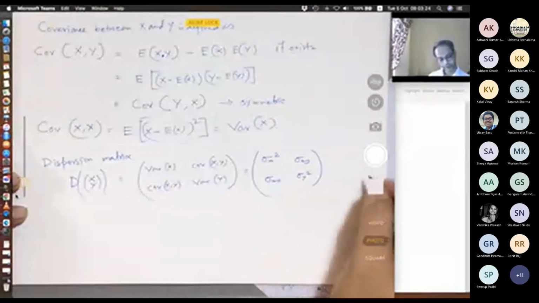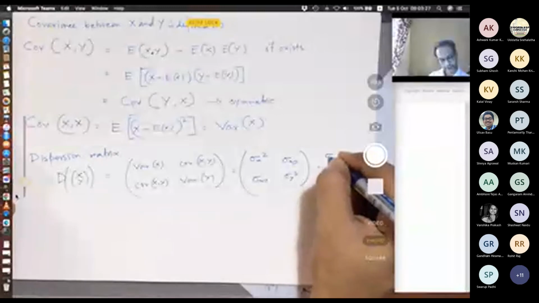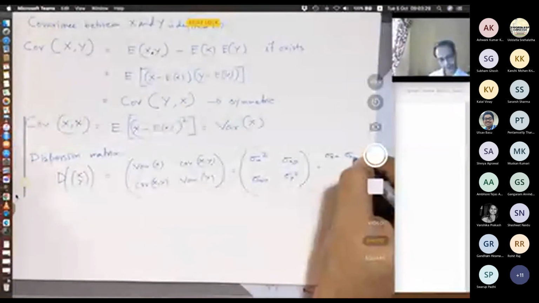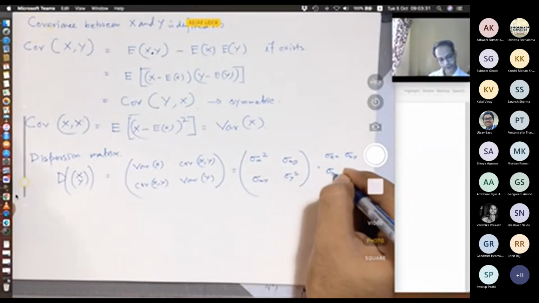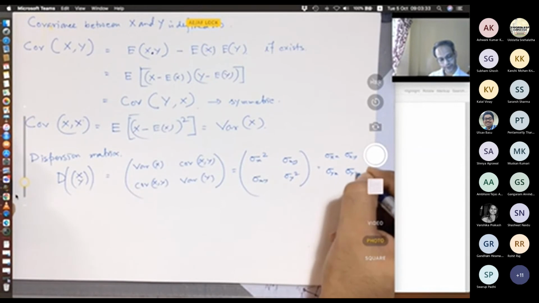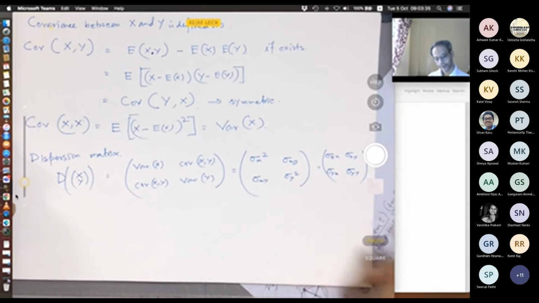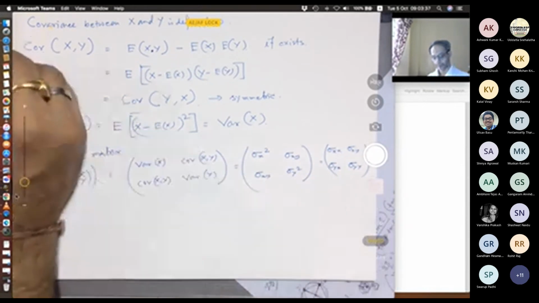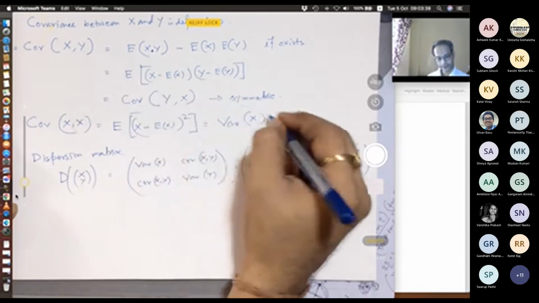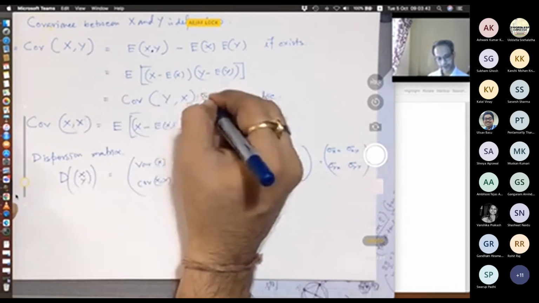Another notation is also useful: sigma_XX, sigma_XY, sigma_YX, sigma_YY. So if you write this quantity as sigma_XY, then it is same as sigma_YX.